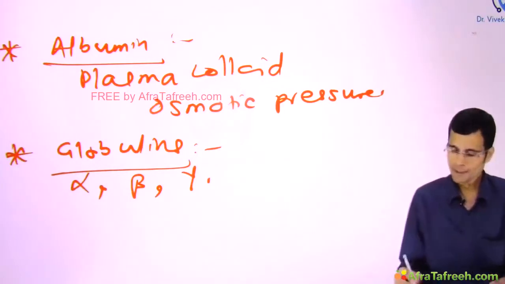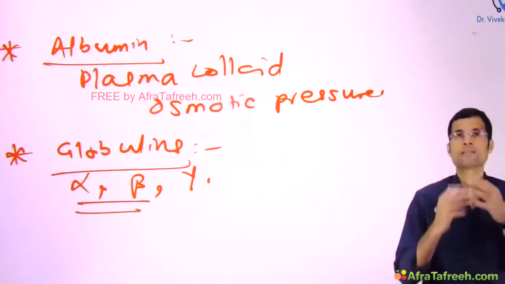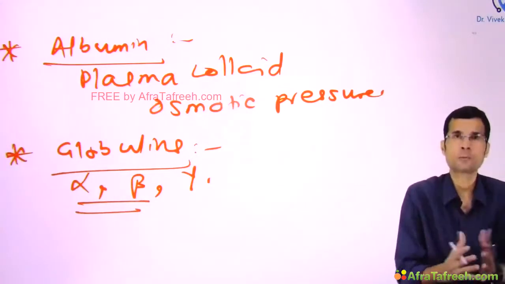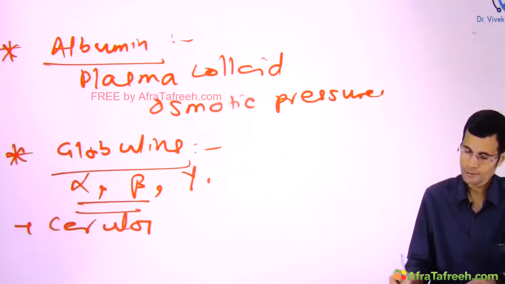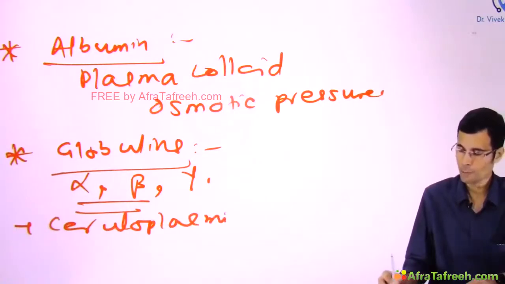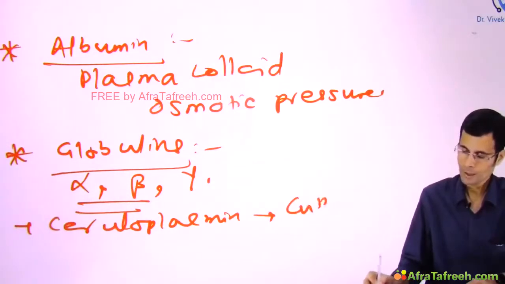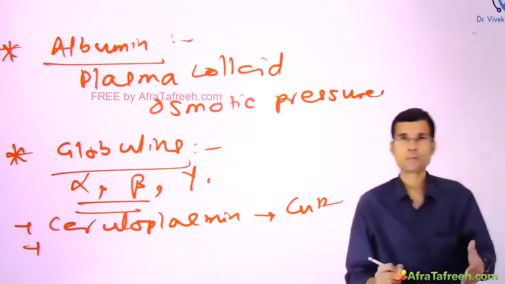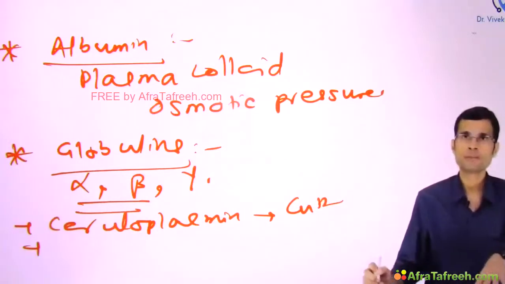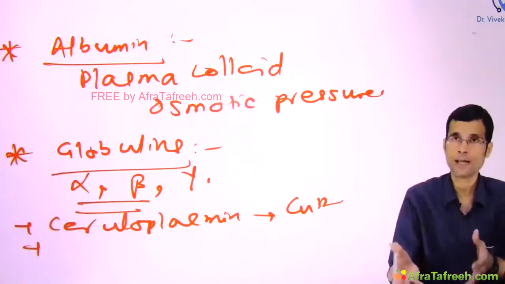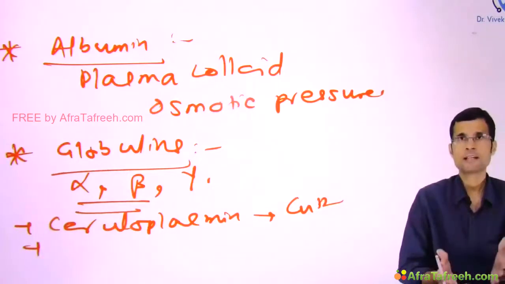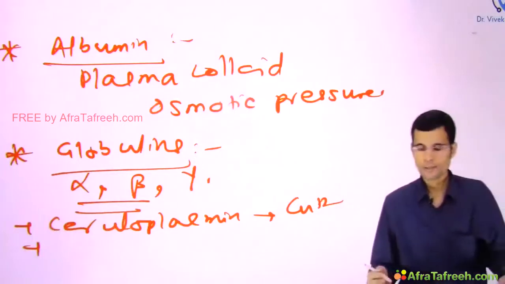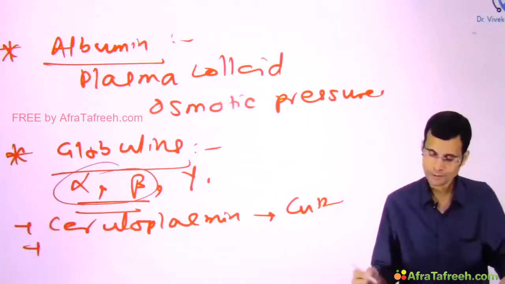The alpha and beta globulins are mainly the transport proteins. Ceruloplasmin for the transport of copper, haptoglobin for the transport of hemoglobin when it has come into the plasma, and transferrin for the transport of iron.